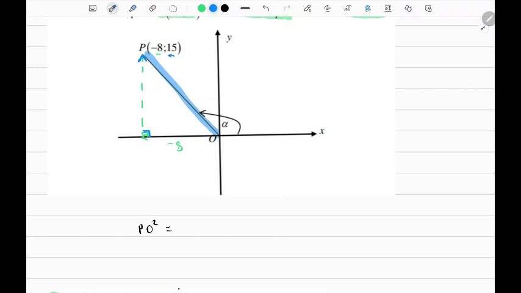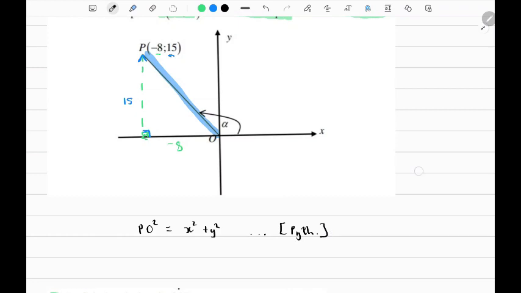Let me just notate this as 15 here. So that is PO squared is equal to x squared plus y squared, where x and y represent the x and y coordinates respectively. So this here is because of Pythagoras theorem.